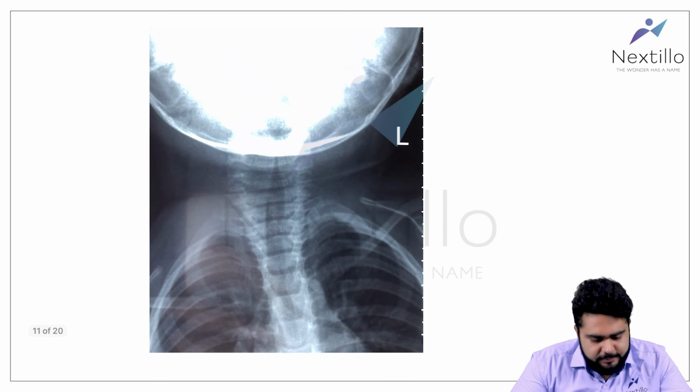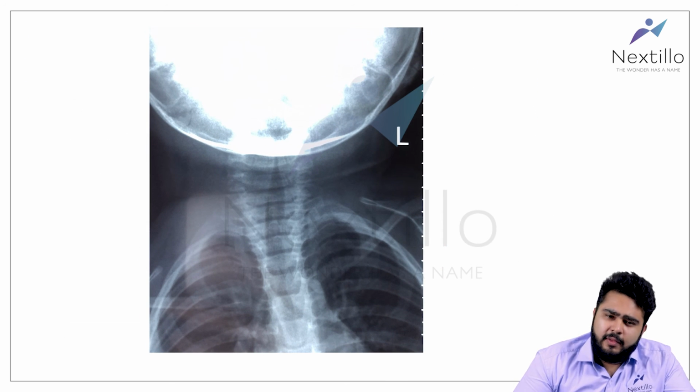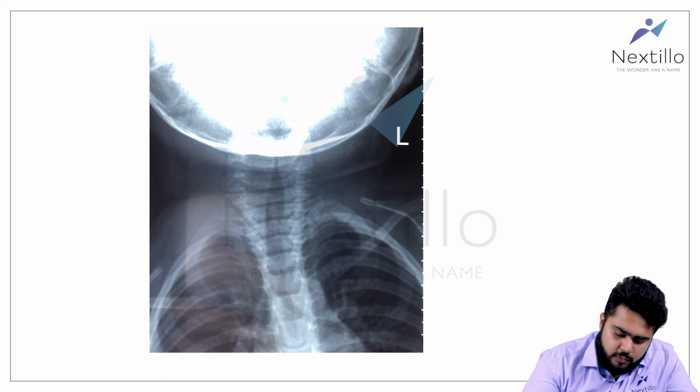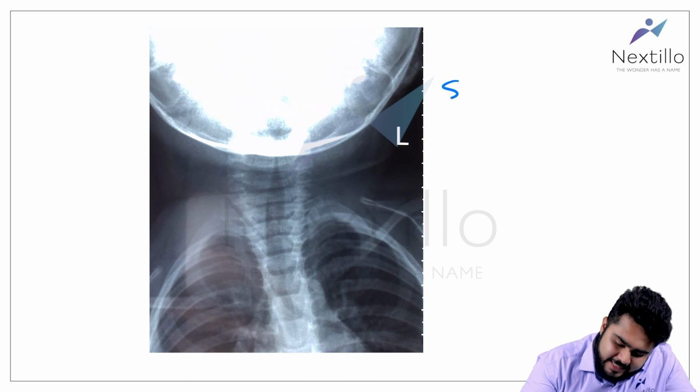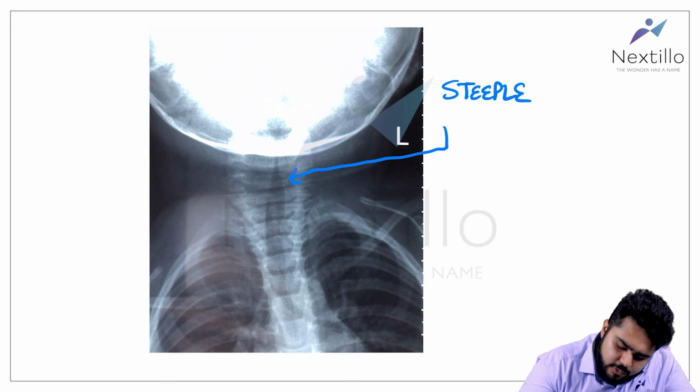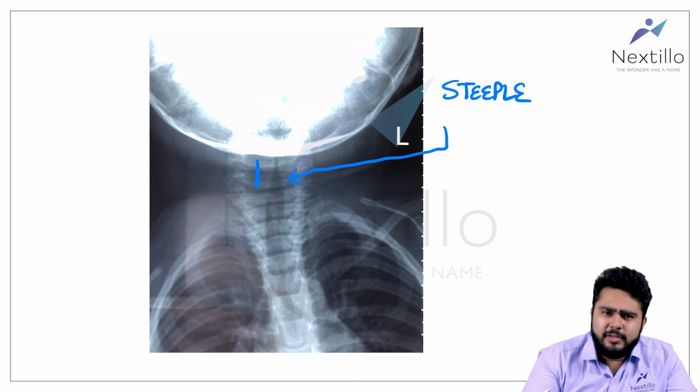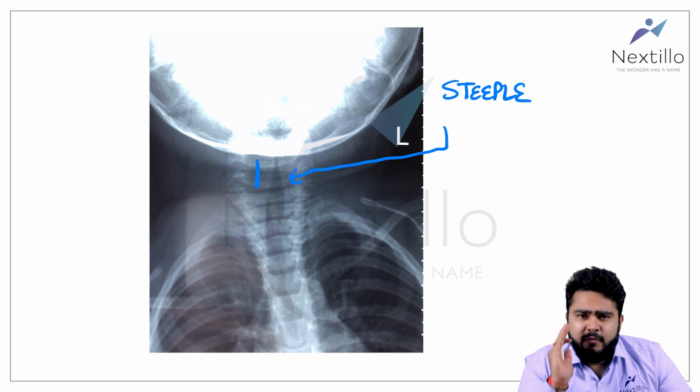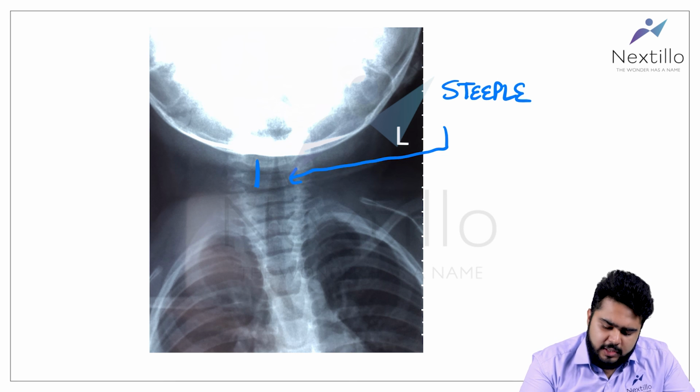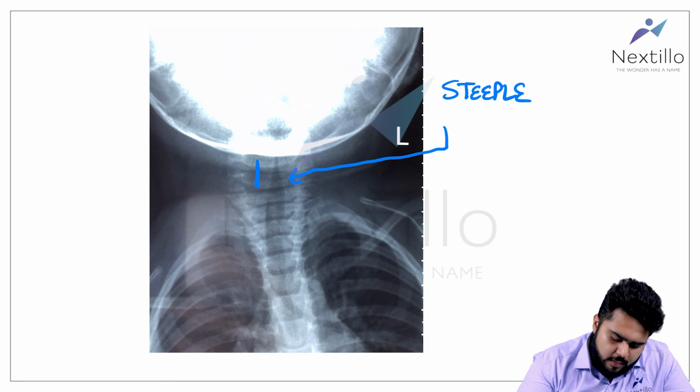Okay, now what is this? This is a chest radiograph showing steeple sign. Which sign? Steeple sign. You can see the narrowing over here. Can you see it? Now what is steeple? It's an English word, very simple word. If you see any temple or a church, when you see how it goes up, it becomes like this.